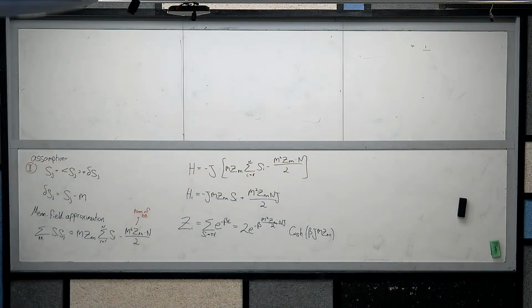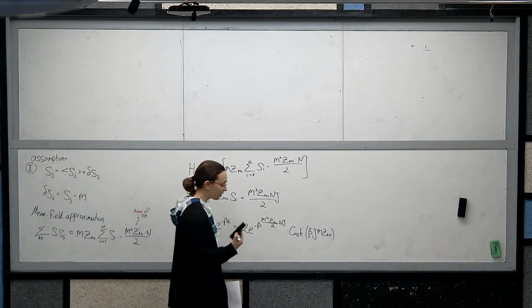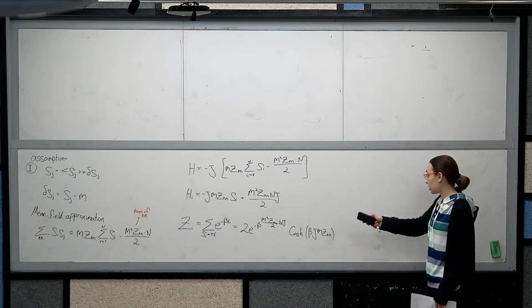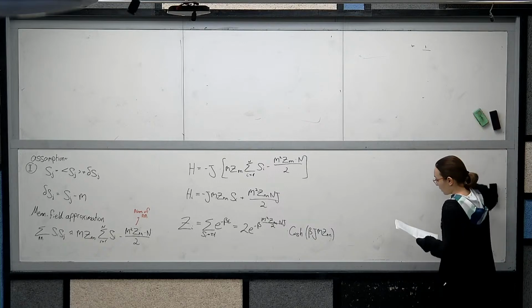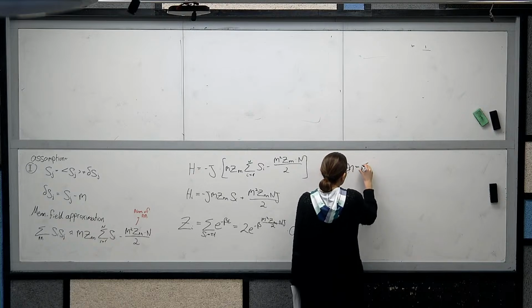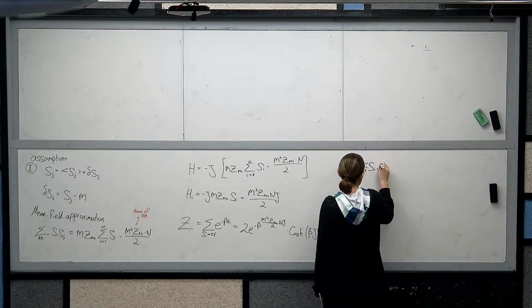Okay, and now we have the partition function, so we can calculate the average spin for each atom in the lattice. So now we can write that the order parameter equals the average spin of some atom i.